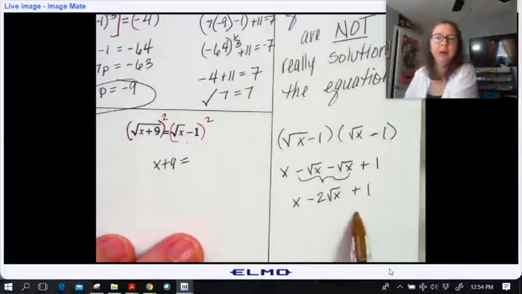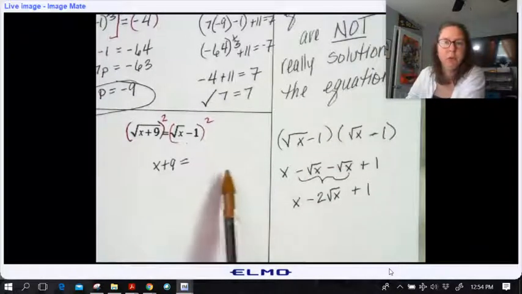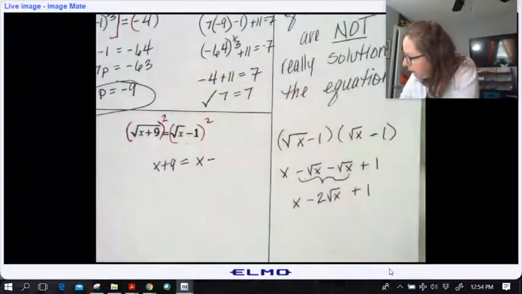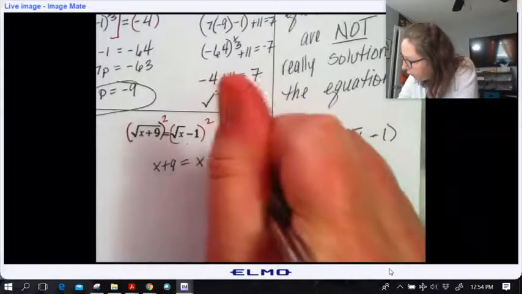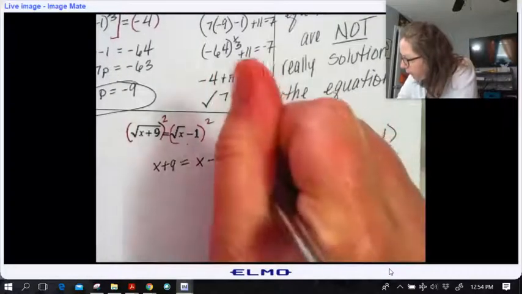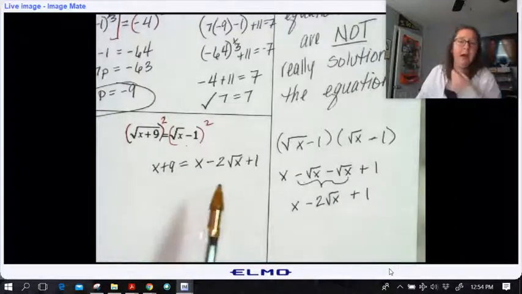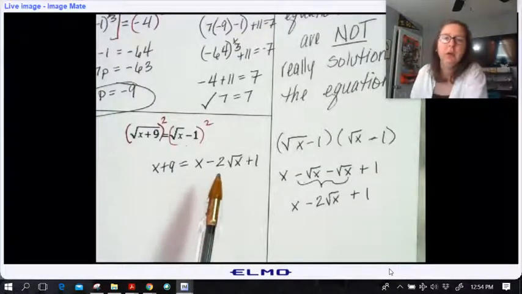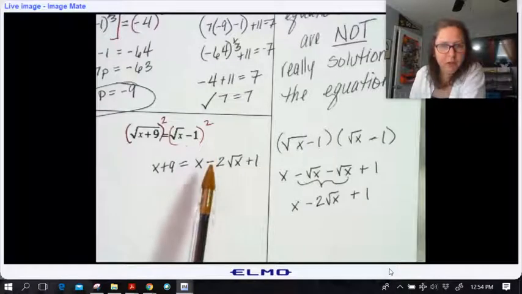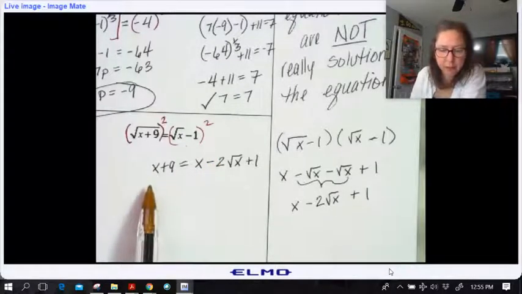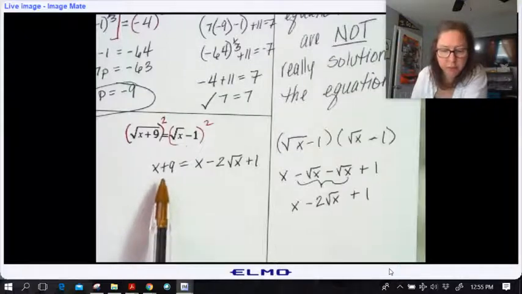Okay, so here's what I end up with. So let's go ahead and put this over here. X minus 2 square roots of x plus 1. Okay, so I still do have a square root here. So what I'm going to need to do is move everything over to this other side and try to get rid of it all.